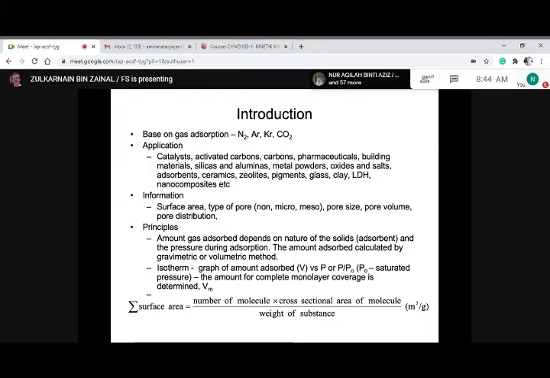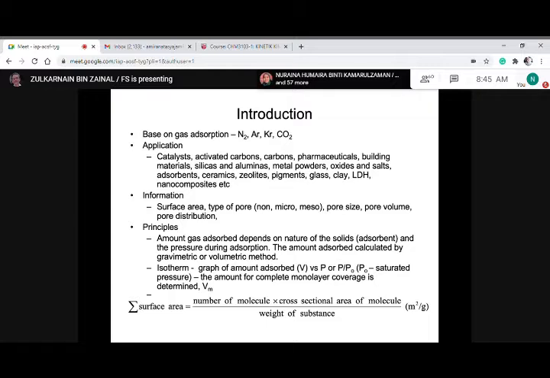For other materials like a catalyst, you want to know how large the surface area of this catalyst is, because the surface area will affect the rate of the catalysis. If you have a large surface area, meaning that more reaction can occur on the surface, and you get a higher rate of reaction. All right, so that is another important thing.